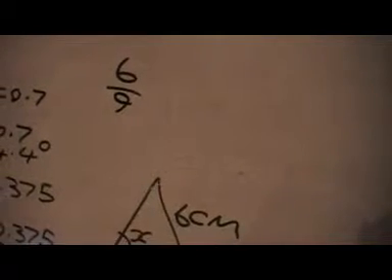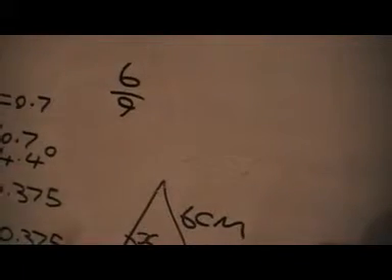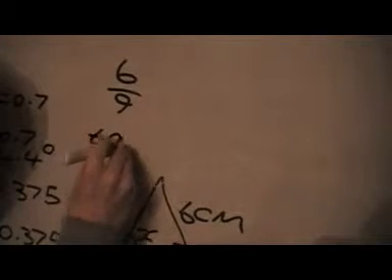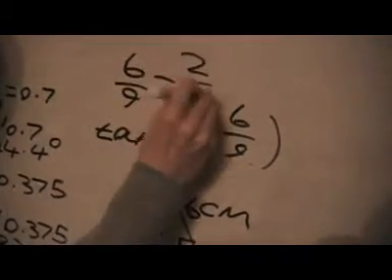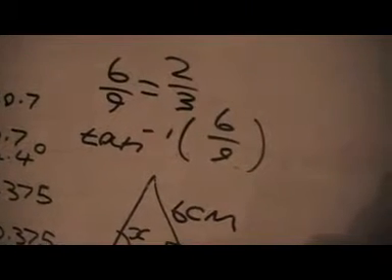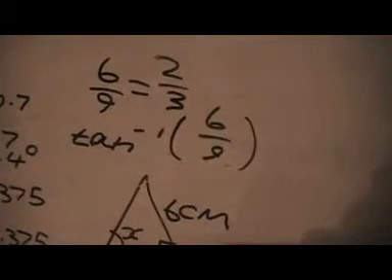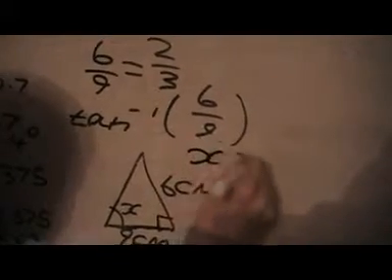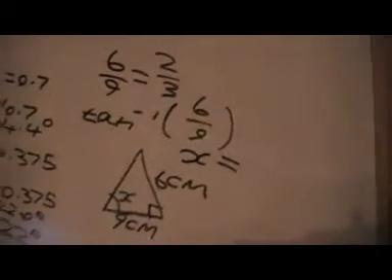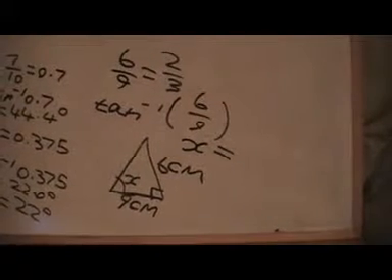So we've got 6 over 9, and then we want to find an angle that has a tangent of this number here, 6 over 9. Obviously you can see that that simplifies to 2/3. So you can put either in your calculator and you'll still get the same answer because we already know that those fractions are equal.